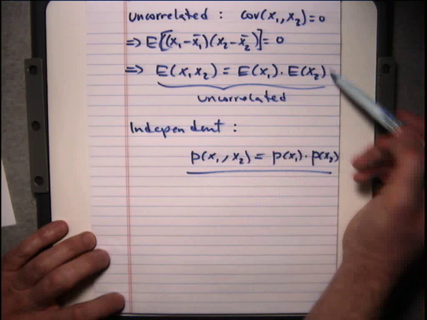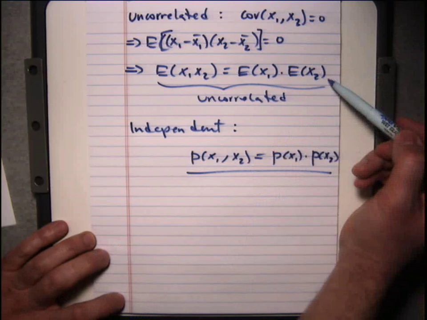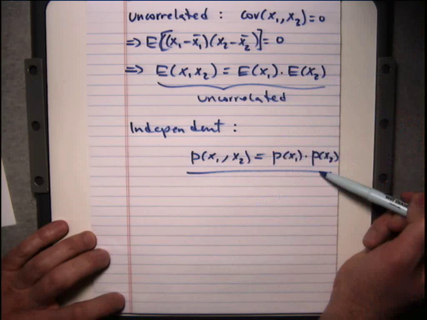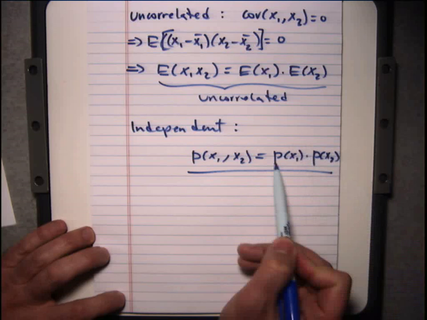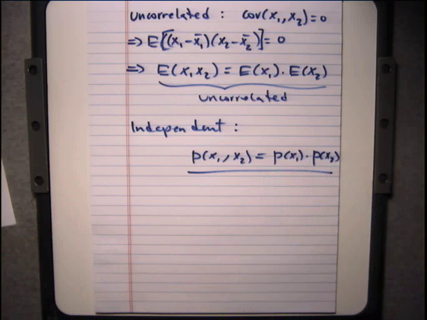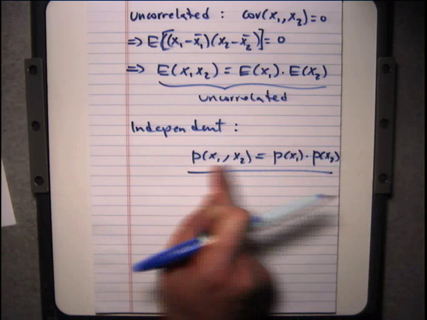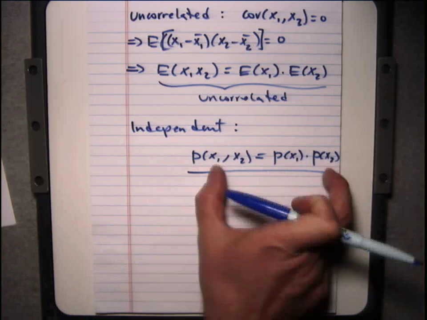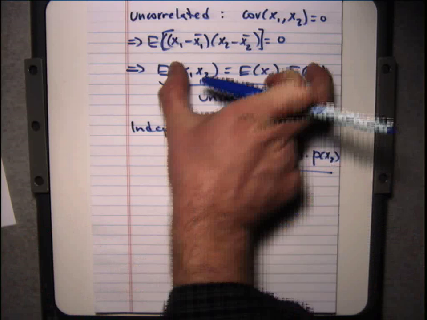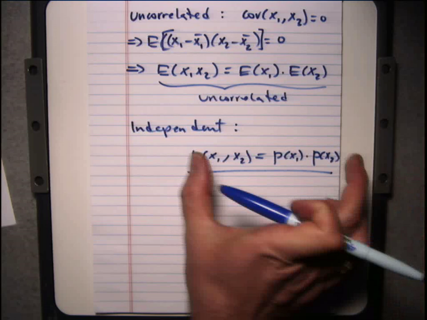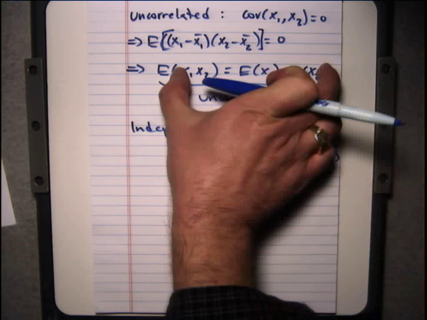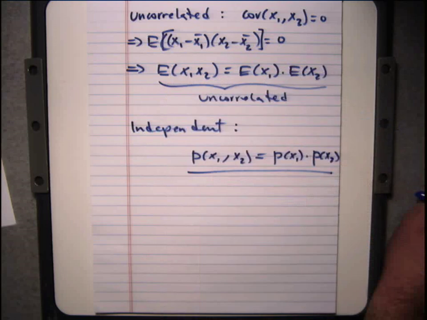The one that deals with the moments, or this one? The second one is a much stronger statement, right? Because the probability density contains in it information about all the moments, right? So when you say P of x1, x2 is equal to the product of these two things, this is a much stronger statement than saying it's uncorrelated. So it turns out that independence implies uncorrelatedness, but the reverse is not true.